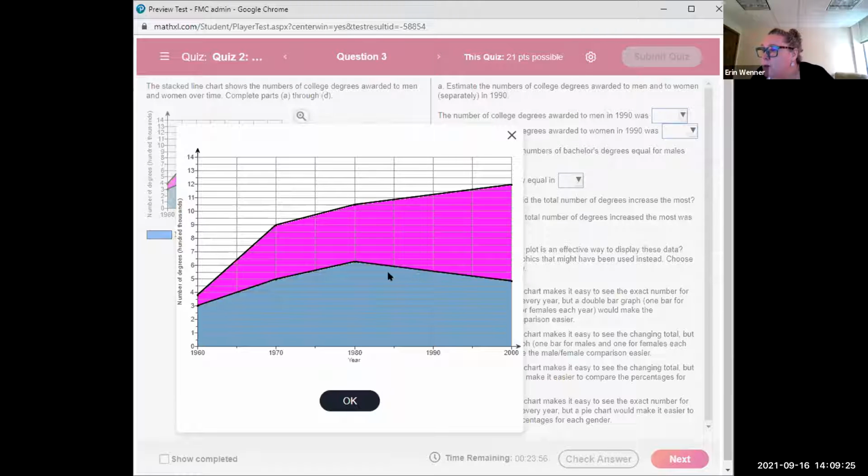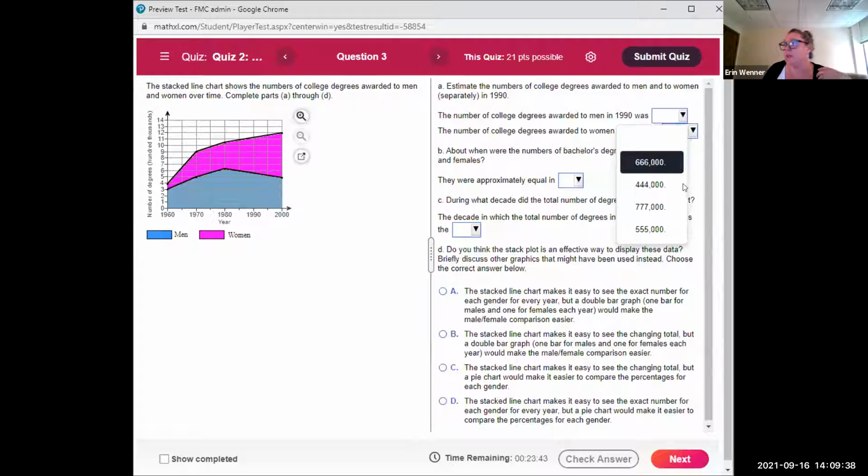It looks like, if we scroll over, yes. And these are in hundreds of thousands. So if it's 5.5, it's going to be 5.5 times 100,000. They're giving me 555. They're way more accurate than what I can tell on the graph, but I'm going to choose the number that's closest to what I'm identifying.